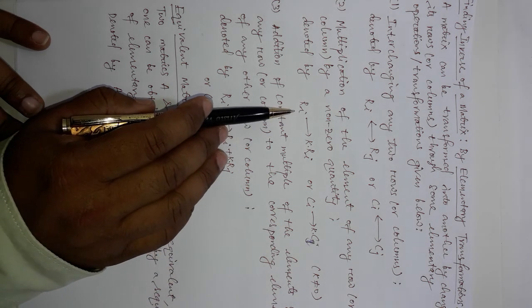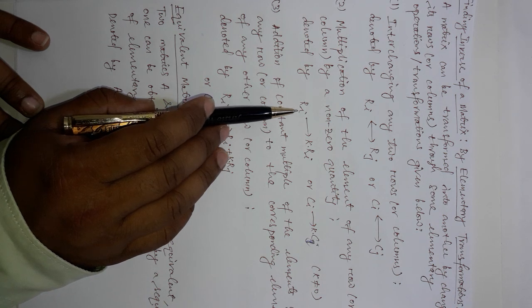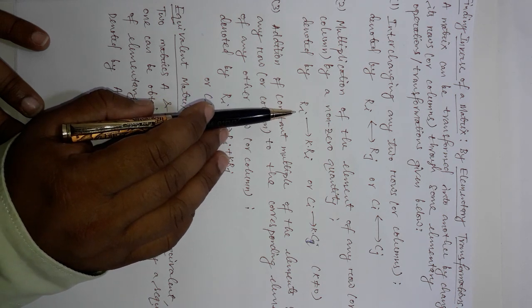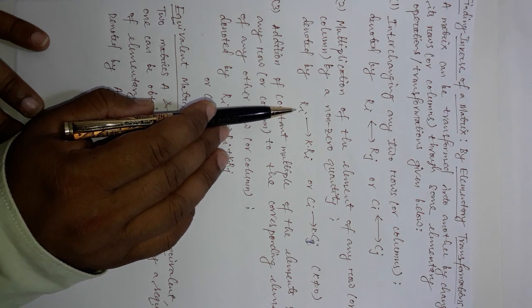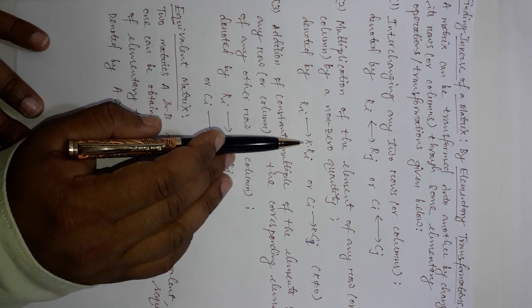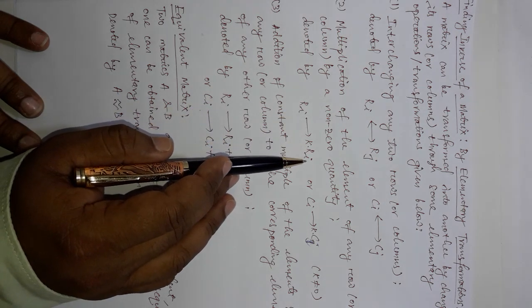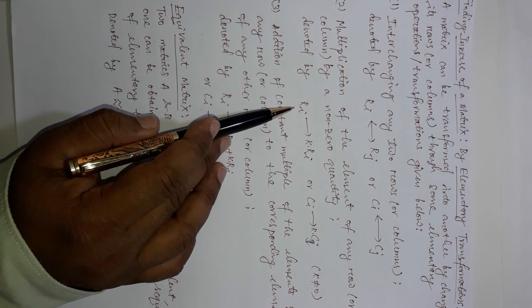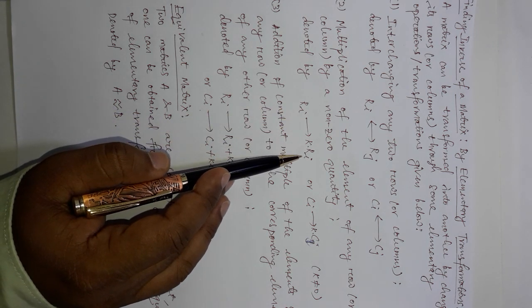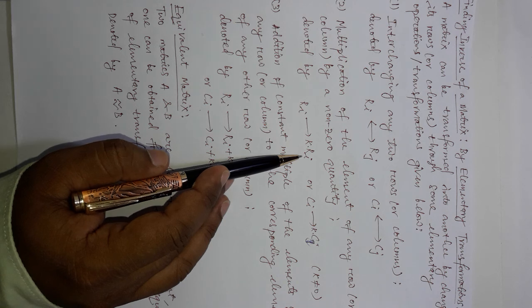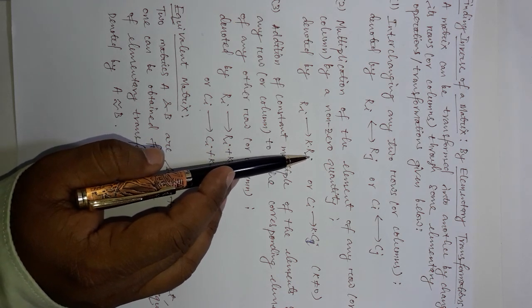Say I want to change the first row by six times that row. I will multiply 6 with all the elements of row 1 and replace it. So, I can write R1 arrow 6 R1. That means I am changing row 1 by 6 times the elements of row 1. This is also one of the elementary transformations.